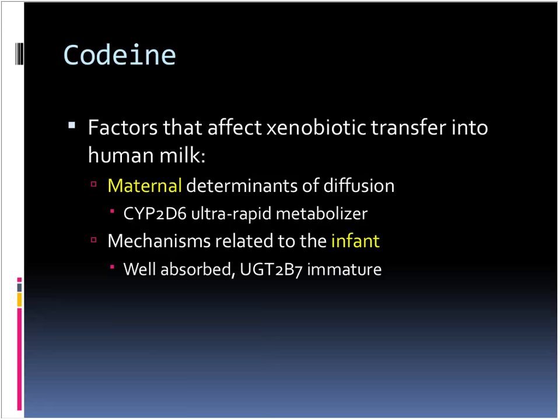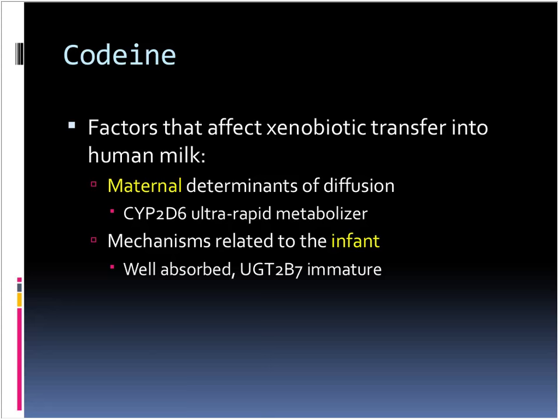So she was metabolizing codeine into morphine. That's why she got symptomatic on day 2 and had to cut down her dose. But she was producing a lot more morphine per codeine dose than the average person, which explains why there was more morphine in her milk and why there was a high concentration of morphine in the infant.